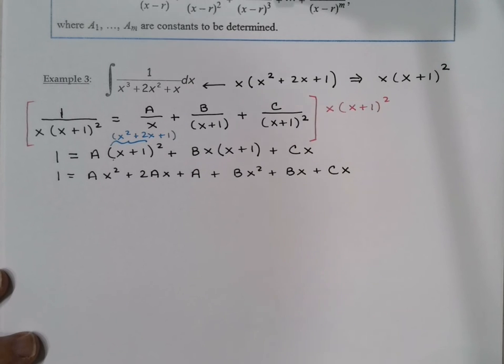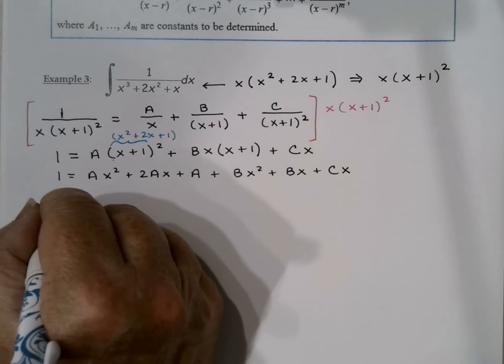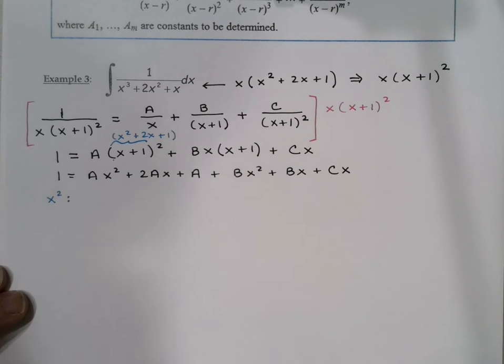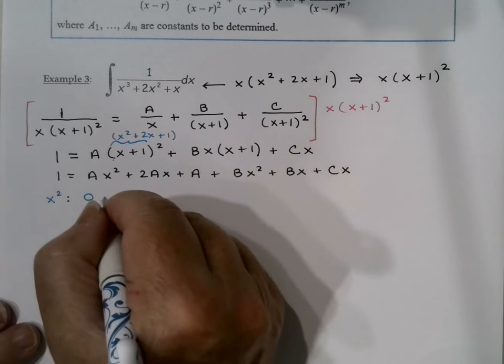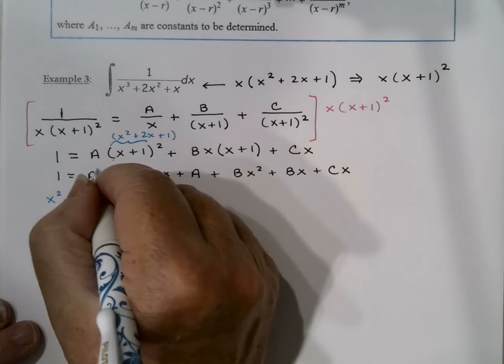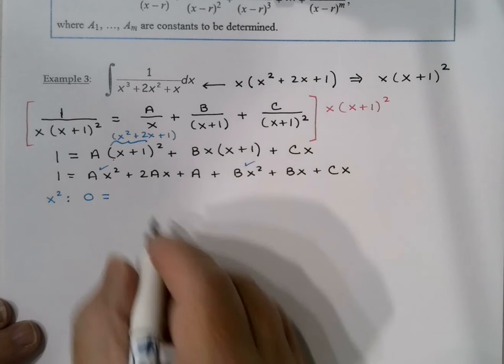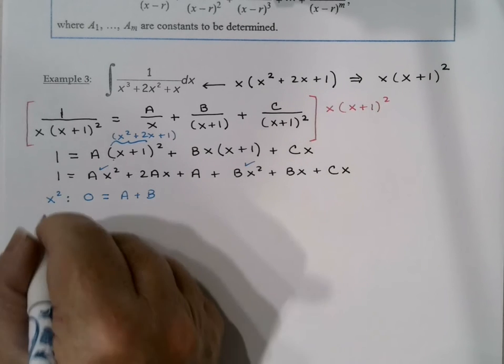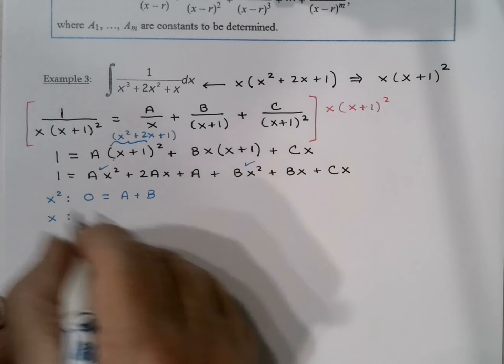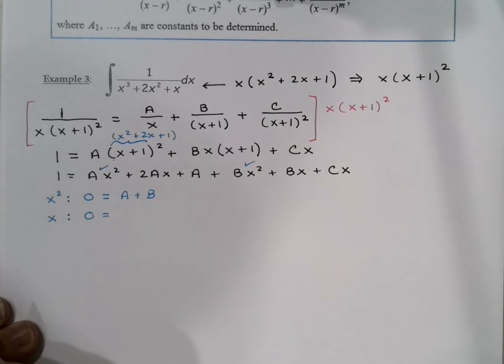Once again, I've got three types of terms: x squareds, x to the firsts, and constants. So I'll split those up and talk about them each separately. X squareds, there are none of them over here on the left-hand side. But on the right, I've got A plus B. X's, again, there are none of them on the left.